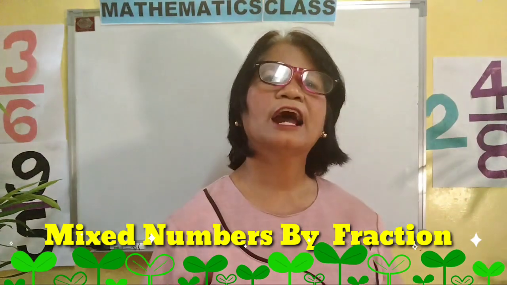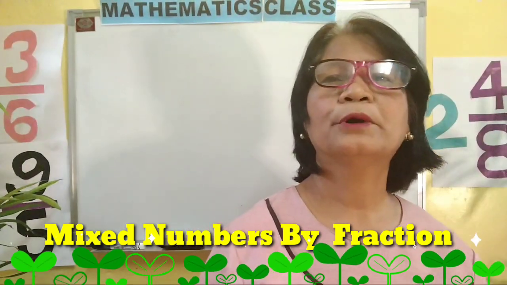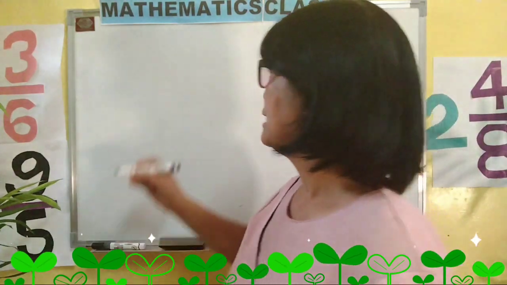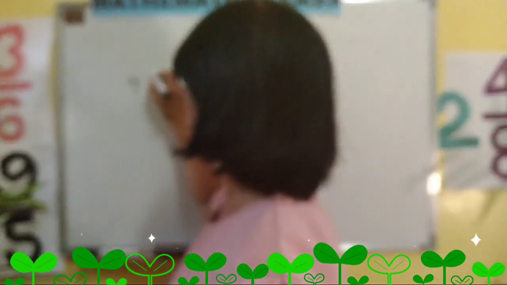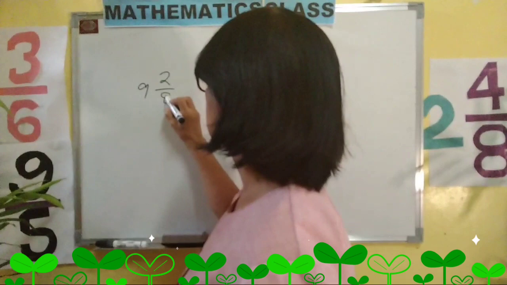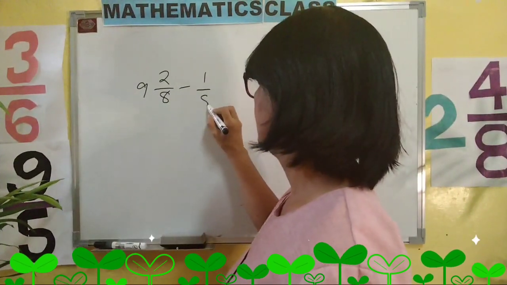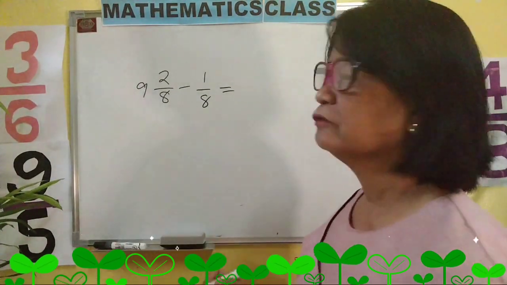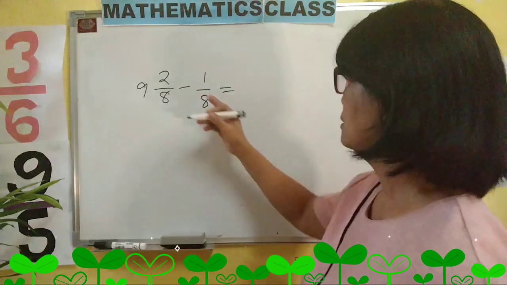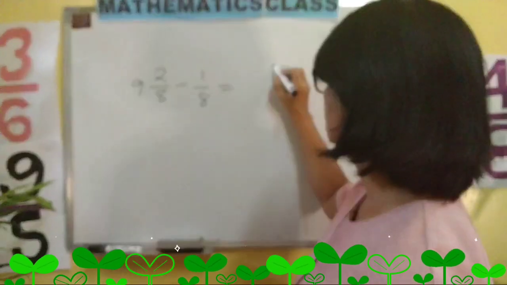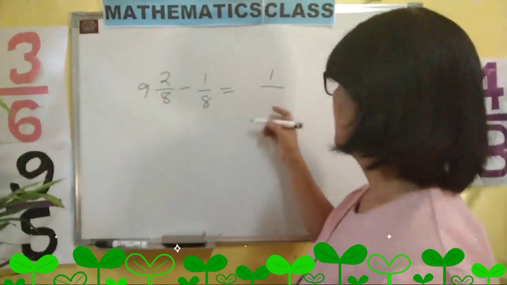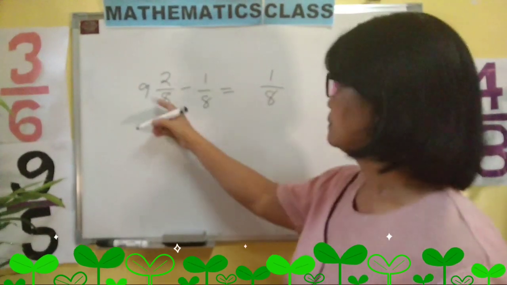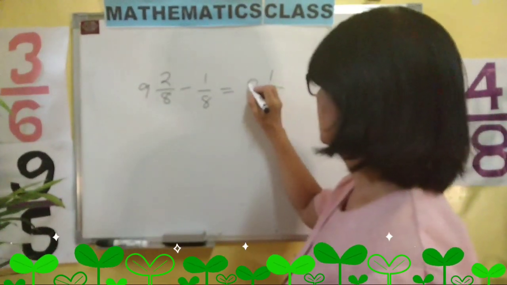Let's go to subtraction of a mixed number by a fraction. Example, 9 and 2/8 minus 1/8. First, subtract the numerator by the numerator. 2 minus 1 is 1. Copy the common denominator of 8 and then write the whole number.